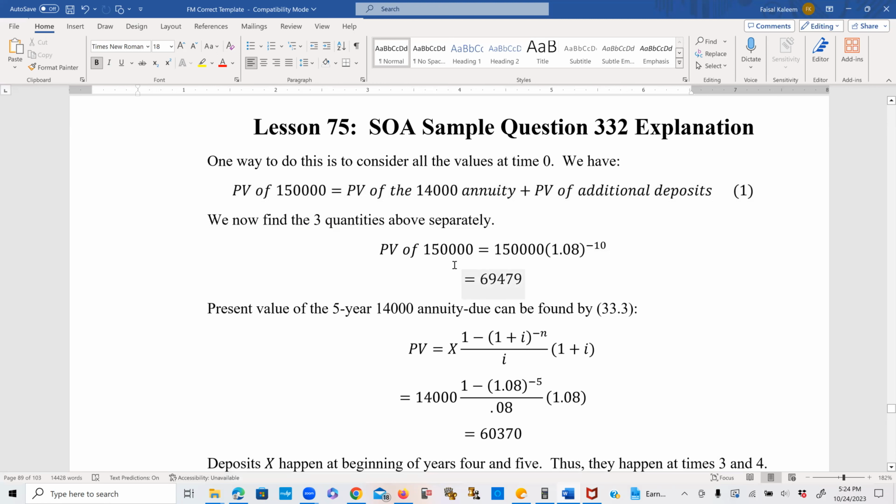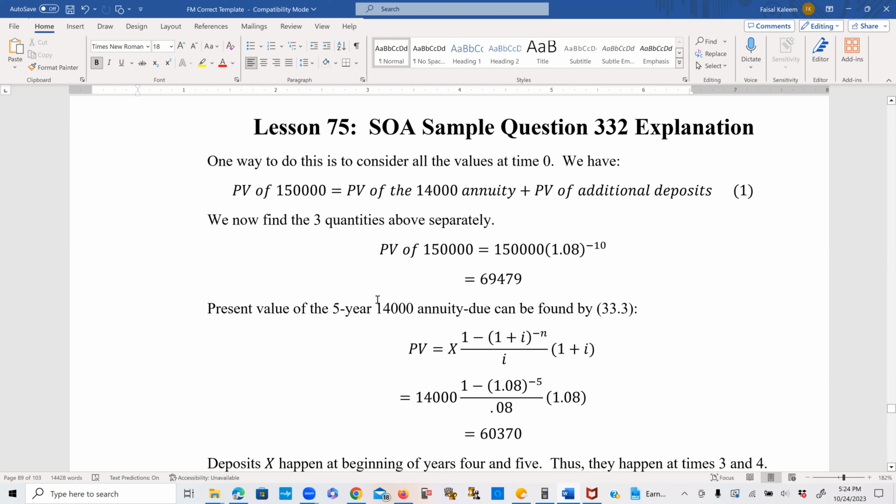So now the present value of the 150,000, and remember 150,000 is to be collected in 10 years, so its present value will be 150,000 times 1 plus i to the power negative 10, and that's 69,479.